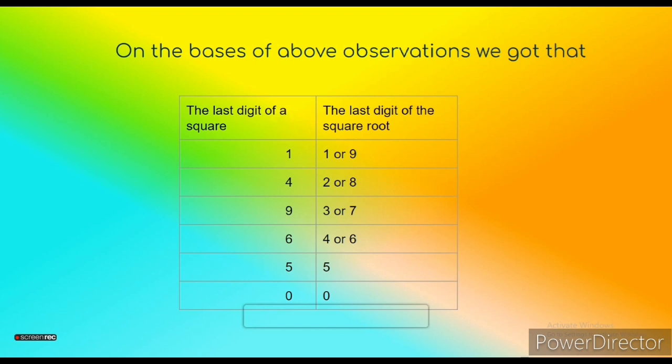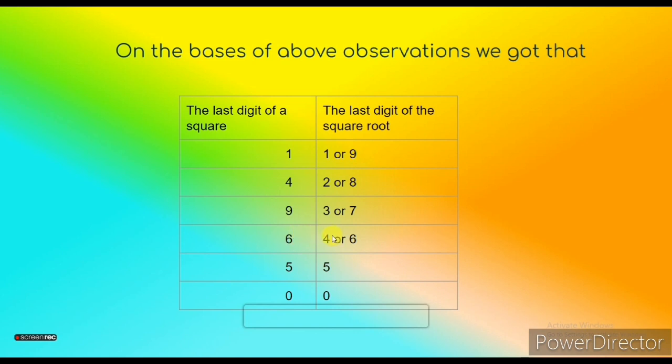Now, from the above discussion, we have got that if the last digit of the square is 1, the last digit of the square root will be 1 or 9. If the last digit of the square is 4, the last digit of the square root will be 2 or 8. If the last digit of the square is 9, the last digit of the square root will be 3 or 7.